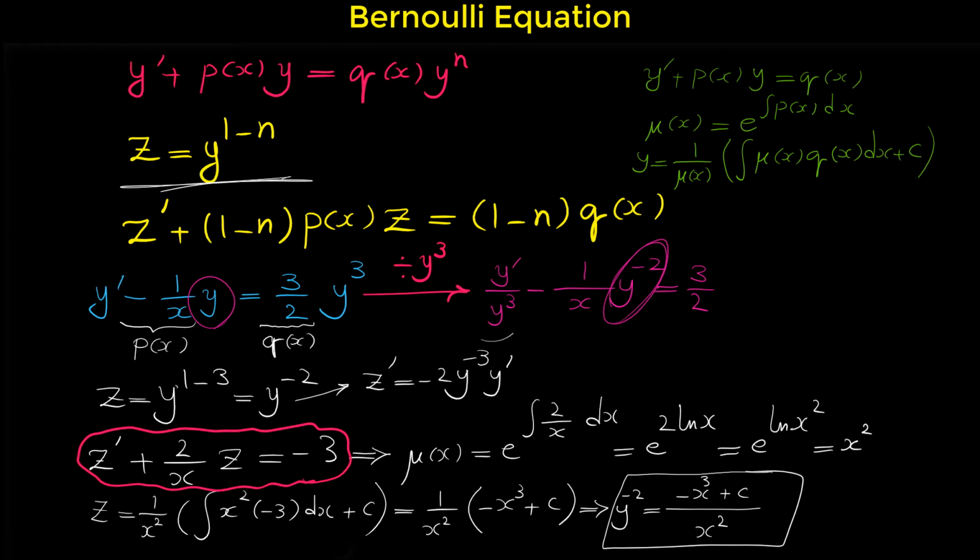And now if we look at this expression, it actually is y to the negative 3 y prime. If we bring y to the 3 to the numerator, it's y to the negative 3 y prime, which exactly here we have. So instead of y to the negative 3 y prime, we can replace z prime over negative 2.